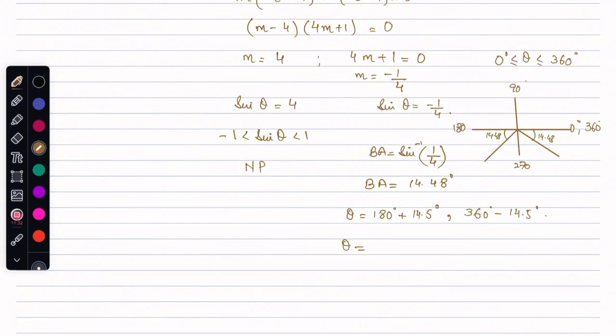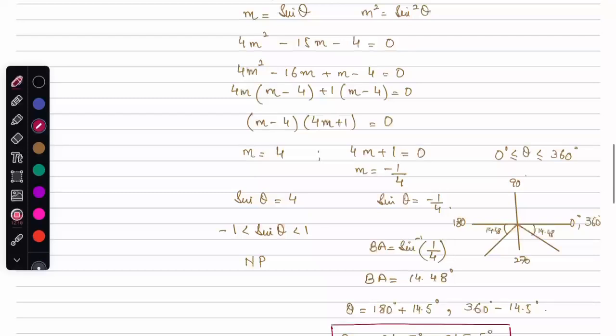So the theta values here are going to be 194.5 degrees and 345.5 degrees, and this then shall be the answer for the two theta values that we should be having here in the domain of 0 to 360 degrees.